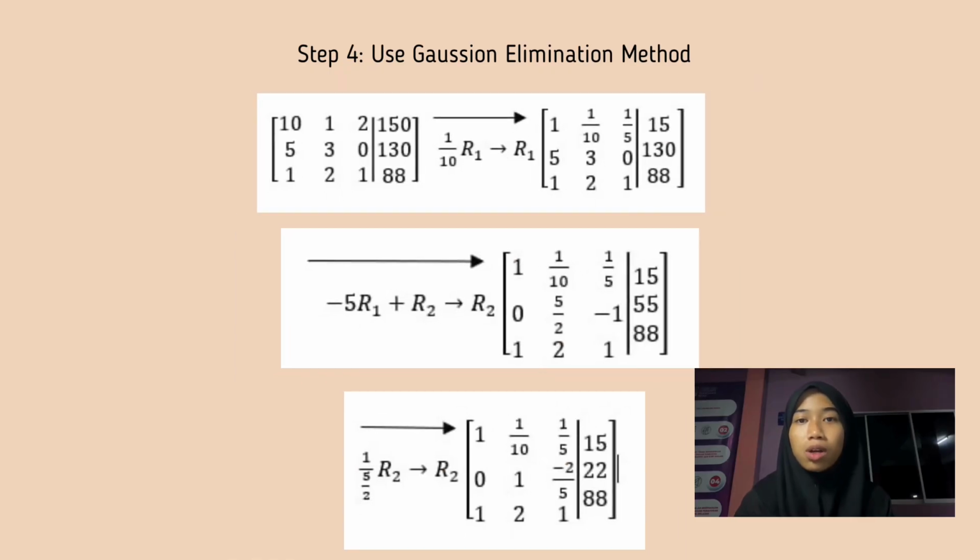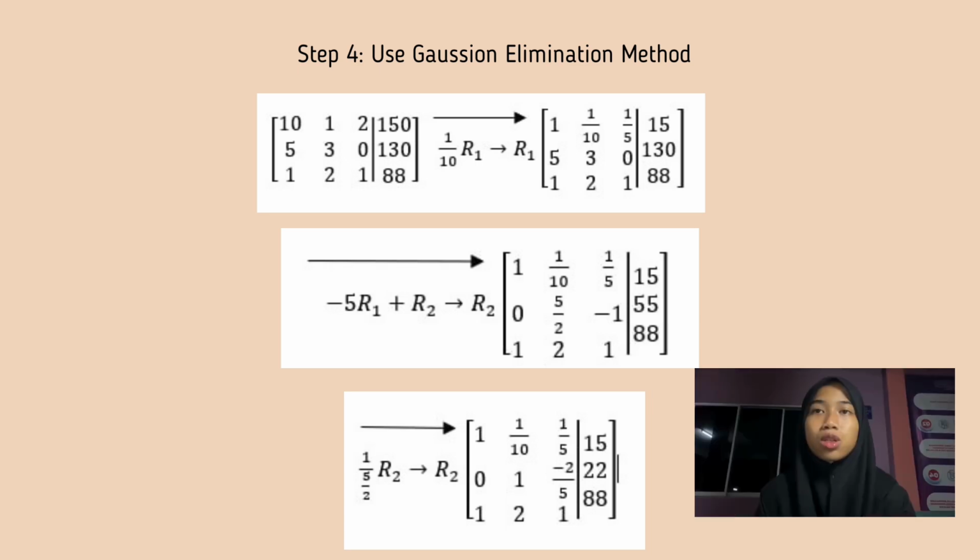Step 3, change the equations into an augmented matrix. In R1, there is no leading 1, so we need to change it first. The calculation is 1 over 10 R1. So the answer for R1 is 1, 1 over 10, 1 over 5, and 15. Next we change row 2. The calculation is negative 5 R1 plus R2.